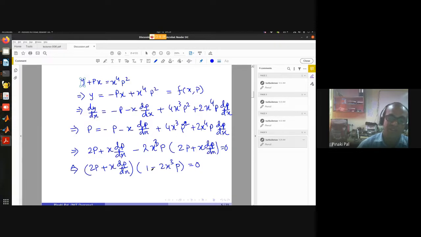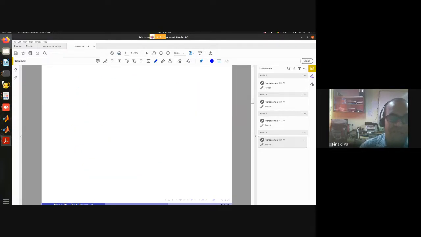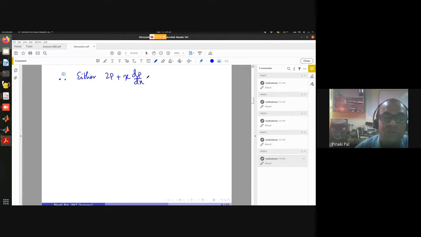Therefore either 2p plus x dp/dx is equal to 0, or 1 minus 2x cube p is equal to 0, both factors are equated to 0.